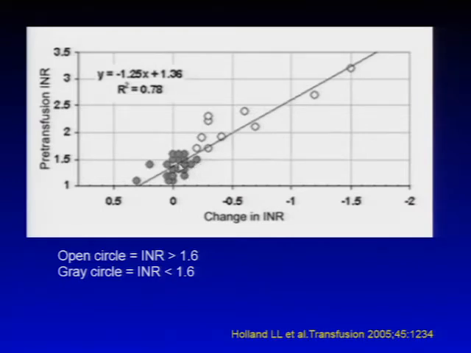And so in fact, if you have an INR that's right around 1.5 or 1.4, you can pretty much bet that giving a unit of FFP isn't going to alter it dramatically, as opposed to patients who start off with higher INRs. So there are reasons why physicians and providers are prescribing FFP, and it might not necessarily be indicated.